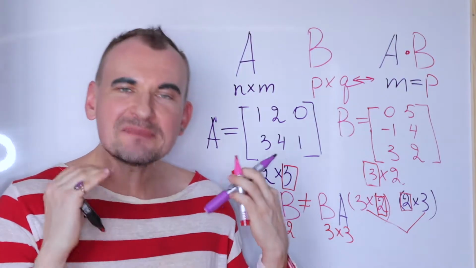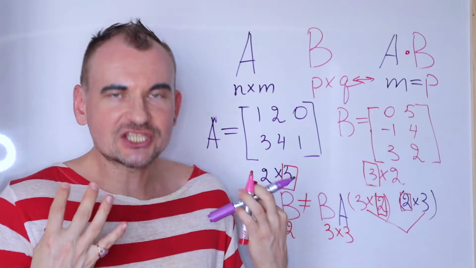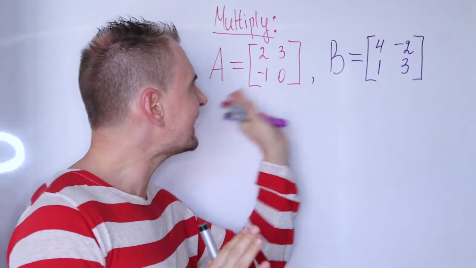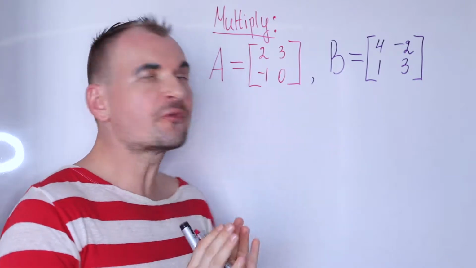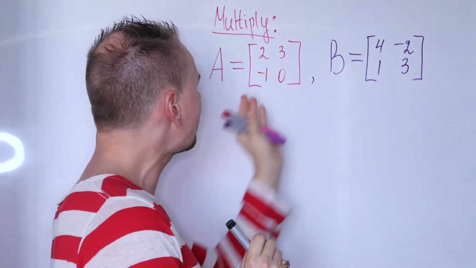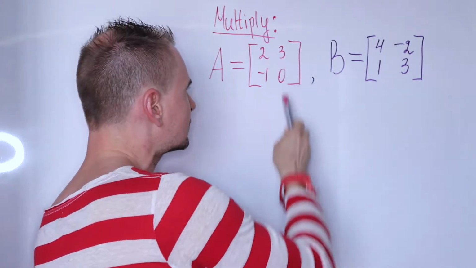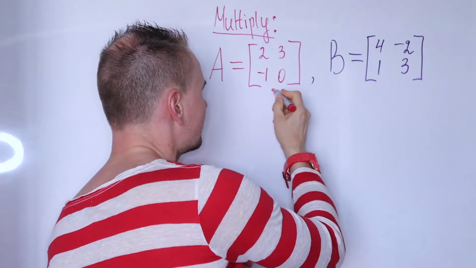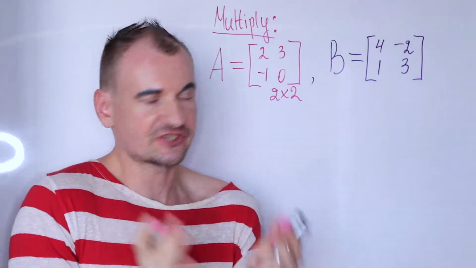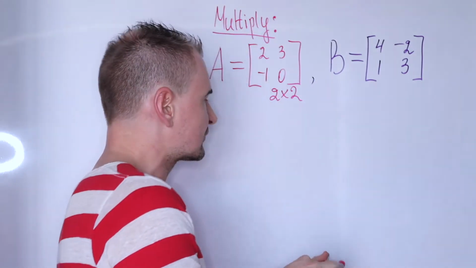Right, now let me dive into examples and show you how to actually multiply two matrices. Say you need to multiply A times B. So first of all, check to see if their product exists. The size of matrix A: we have 2 rows and 2 columns, so the size of matrix A is 2 by 2, a square matrix. Now the size of matrix B is also 2 by 2, so it's the same.